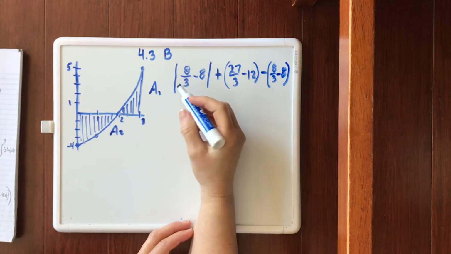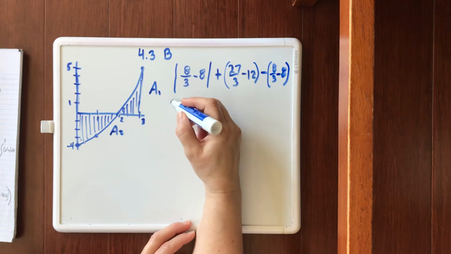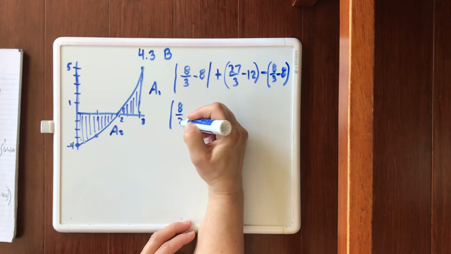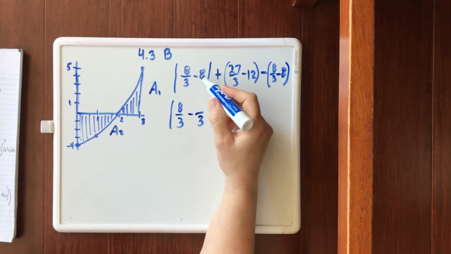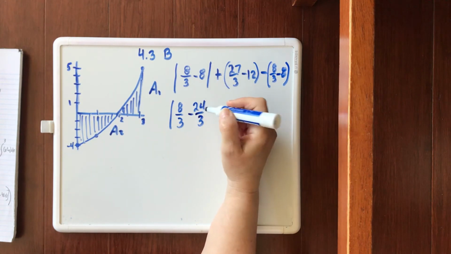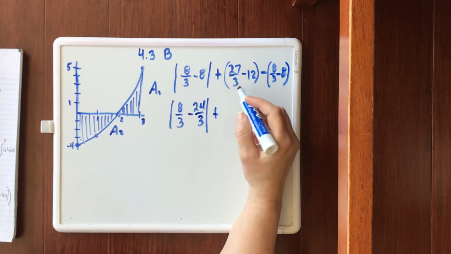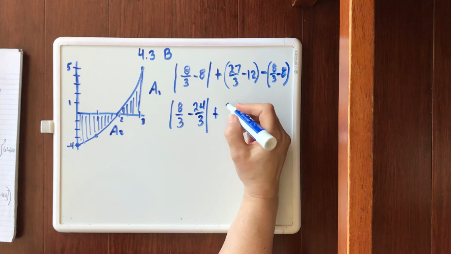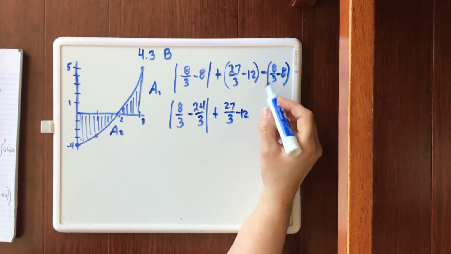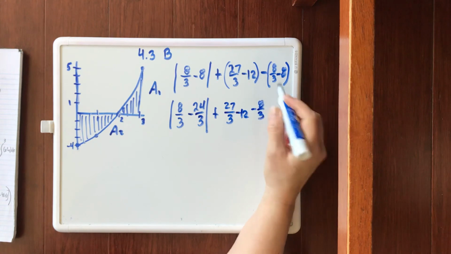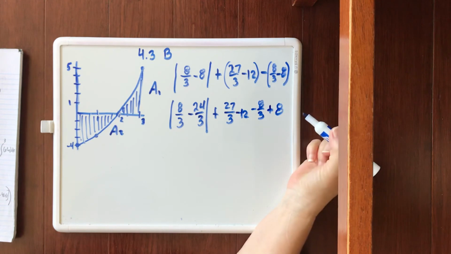Okay, so what do we have here? Well, we can think of this as 8/3. We need a 3 in the denominator, so we multiply this by 3. Plus, this right here, we have 27/3 minus 12 minus 8/3 plus 8. So I just distributed that negative to both of these.